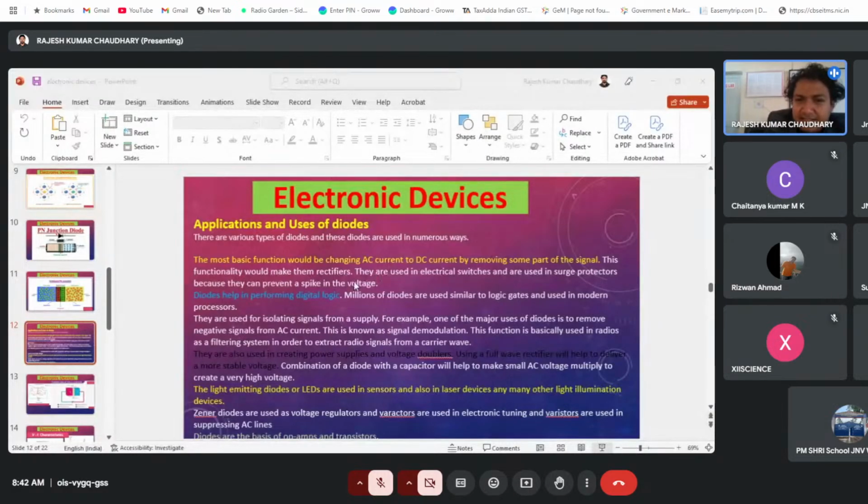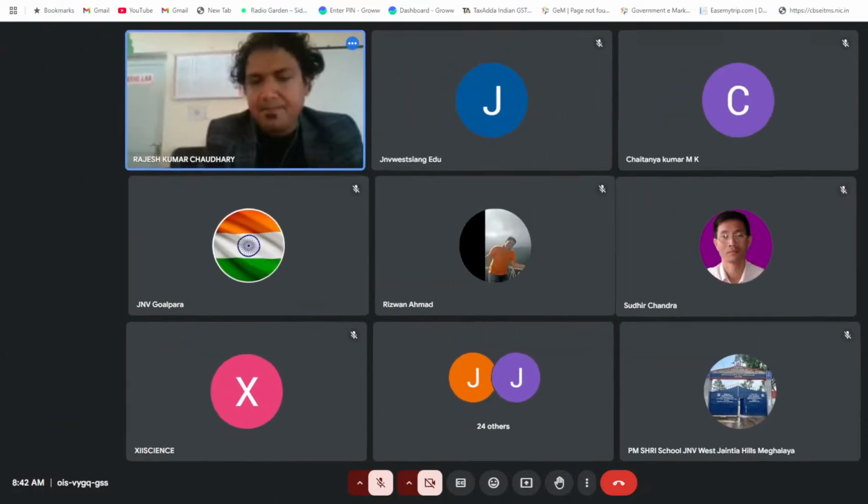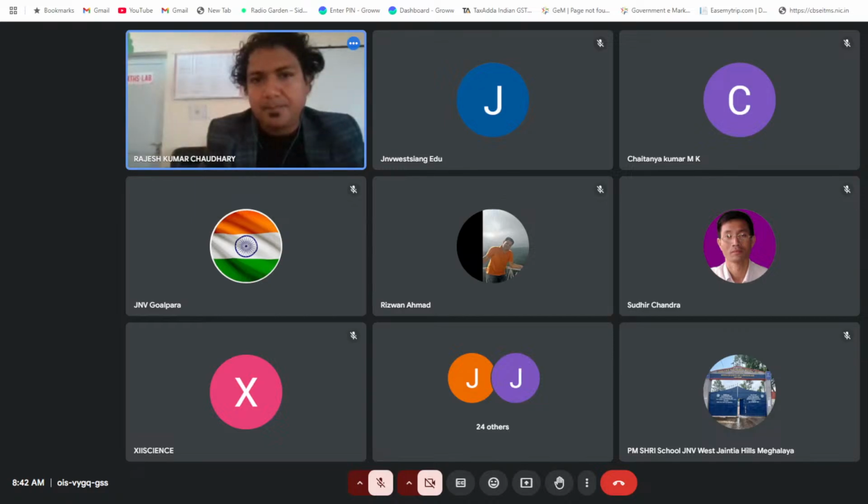This kind of device is inside a laptop and computer. I hope you have seen this kind of diode. This is called a semiconductor diode, p-n junction diode. This is the symbol, this is the original diode, and this is the representation of it. Okay, coming back to the PDF.